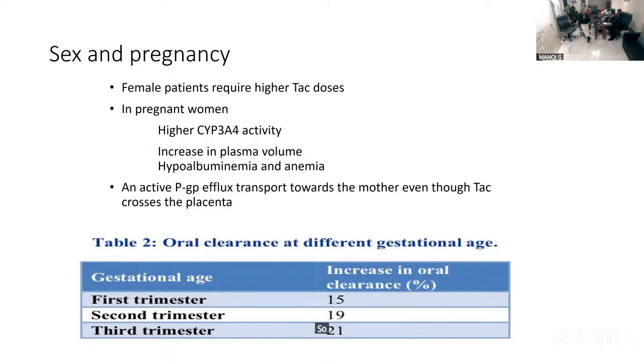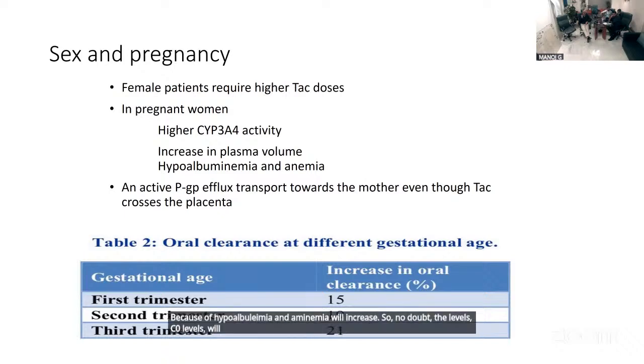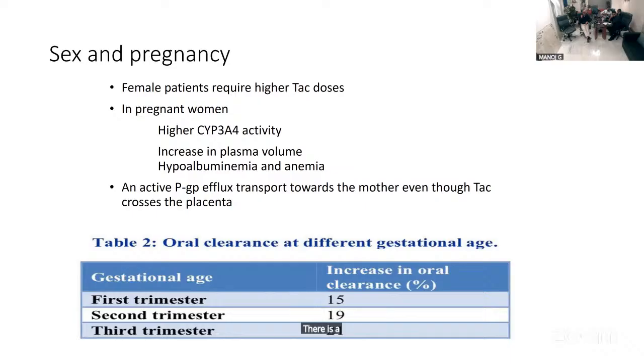So maybe in pregnant women, theoretically, the TAC levels will reduce, but the unbound fraction, because of hypoalbuminemia and anemia, will increase. So no doubt the C0 levels will reduce, but hardly is there a need to actually increase the tacrolimus levels in pregnancy.